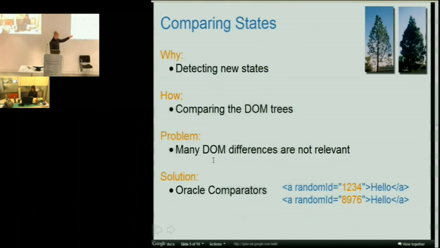For example, see here the anchor tag, it has a random ID which changes, but maybe doesn't have any other meaning. So you can use comparators to ignore stuff like that. That's our solution. There are comparators, which can be quite flexible. You can say we want to apply our comparators only to these pages or to those pages. So yeah, it's a really flexible solution.